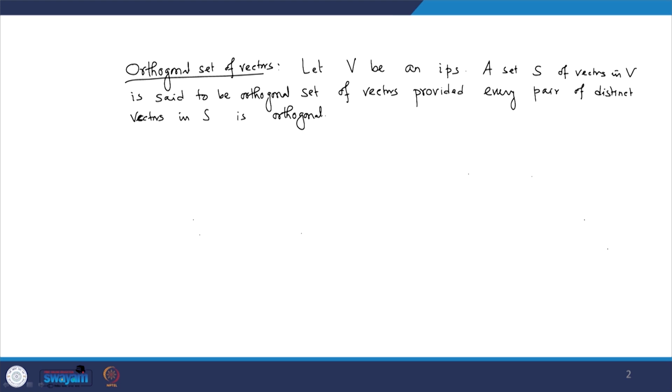So, every pair of distinct vectors in S is orthogonal. That is the definition of an orthogonal set of vectors.